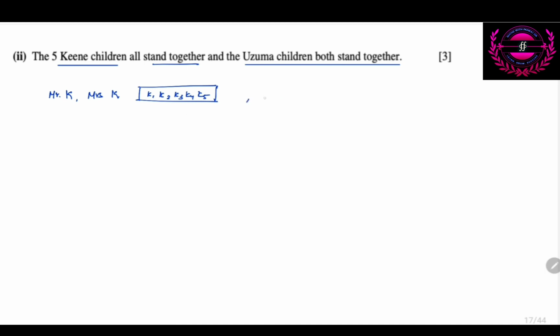Now for Uzuma, both the children of the Uzuma family stand together. So U1, U2 stand together, and this is Mr. Uzuma and Mrs. Uzuma.